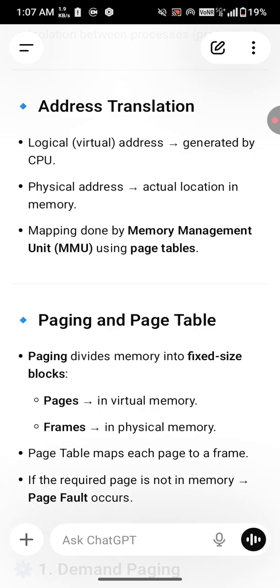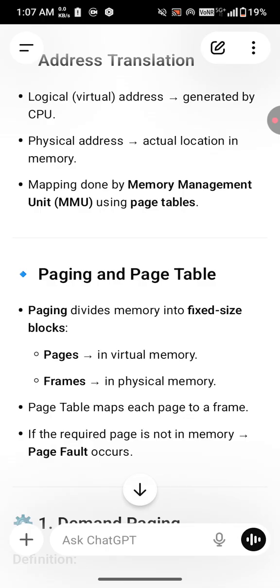If the required page is not in memory, a page fault occurs. Paging divides memory into fixed size blocks, pages and frames. These are similar and equal in size. Pages in virtual memory, frames in physical memory.